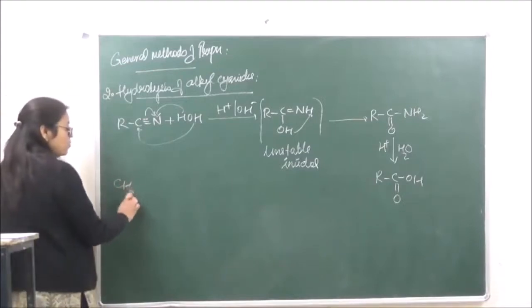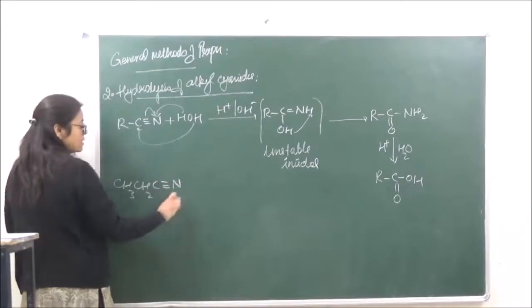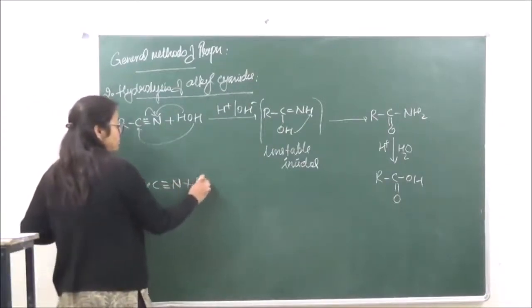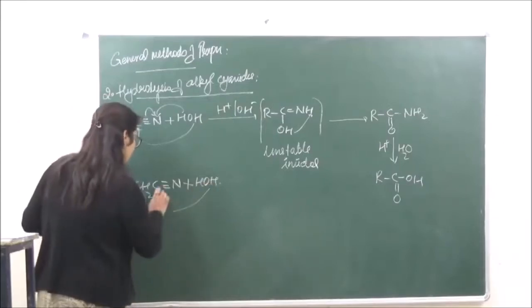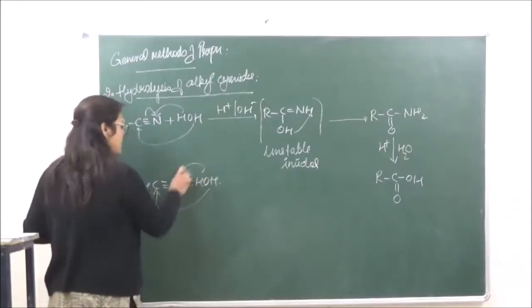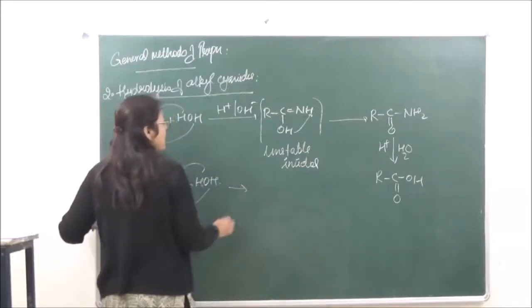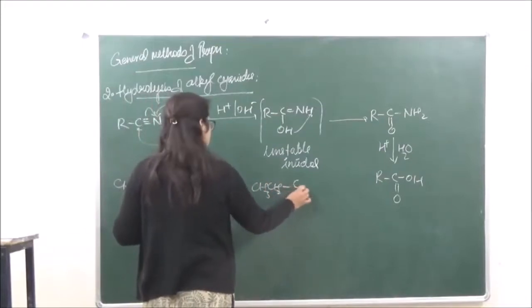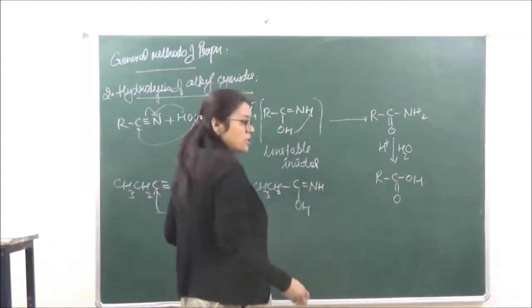Let's take an example over here. We have CH3CH2C triple bond N. This is known as propane nitrile, plus HOH. Same mechanism. OH will attack at the carbon, and hydrogen will attack at the nitrogen. So we're going to have an unstable imidol, CH3CH2C(OH) double bond NH. Okay?